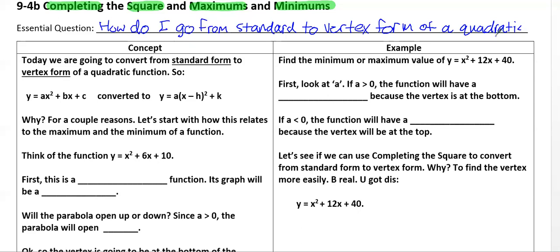I don't have enough space here, so I'm going to have to try to fit it in here, so I'll write quadratic func because I don't have time for that. And this is all funky anyway.